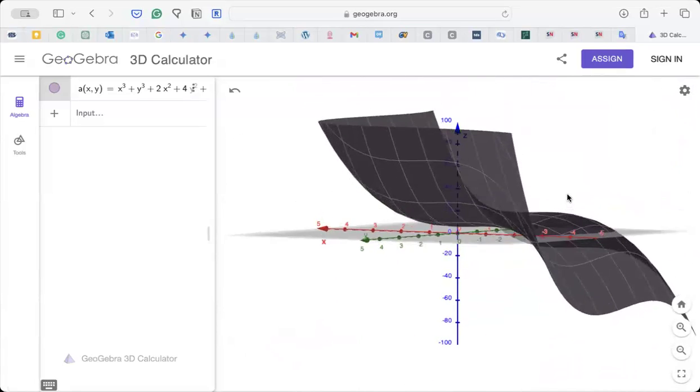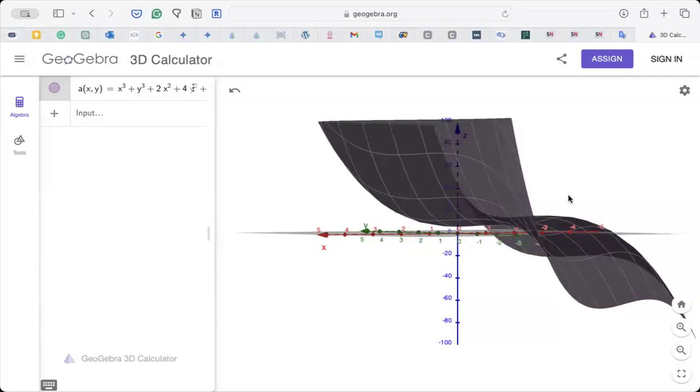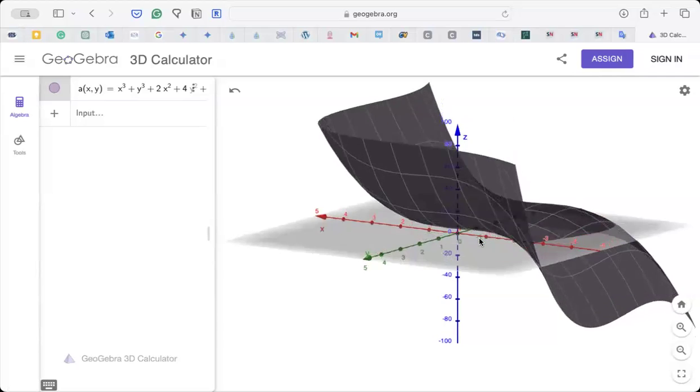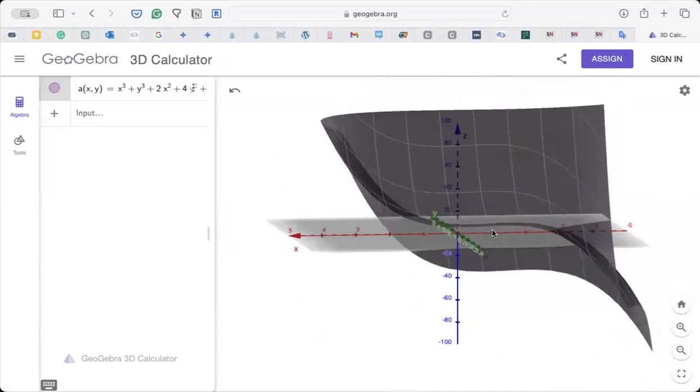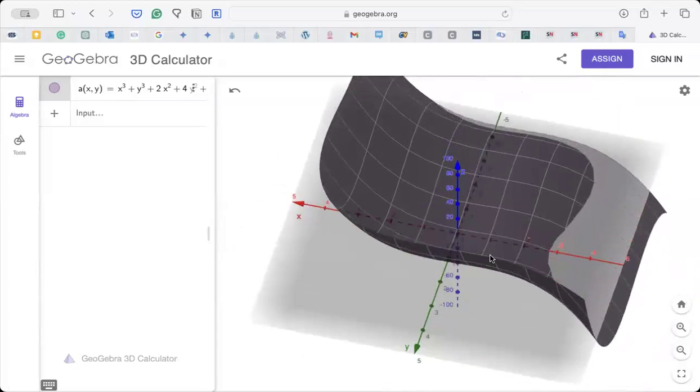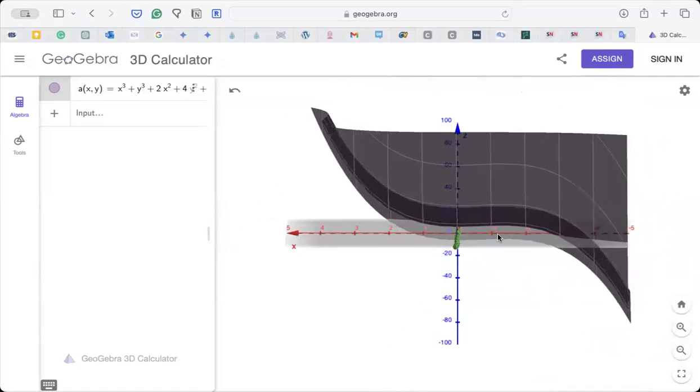But we see that we have one point, which is a minimum point, should be around 0, 0, right? Around here.